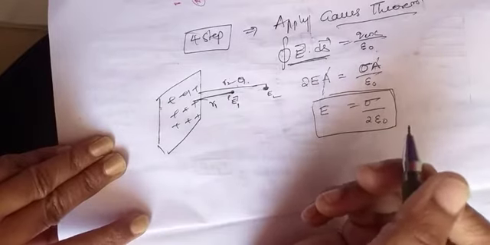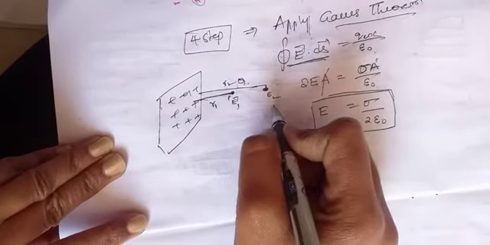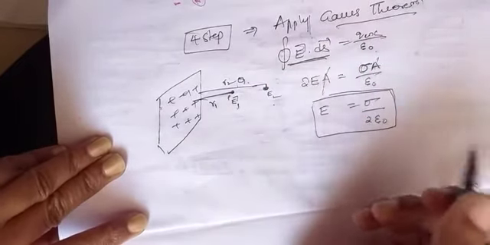Now is there any variation in E1 and E2? The answer is no. Why?